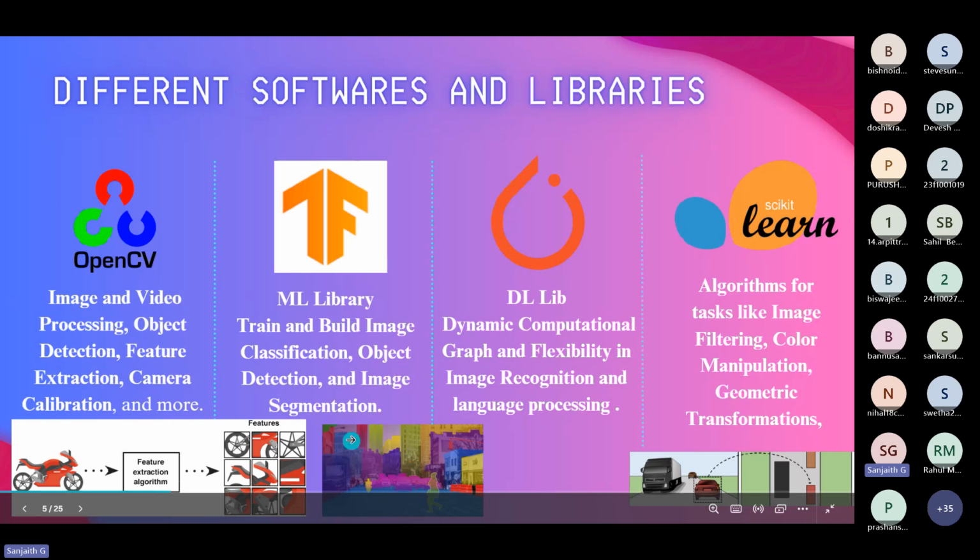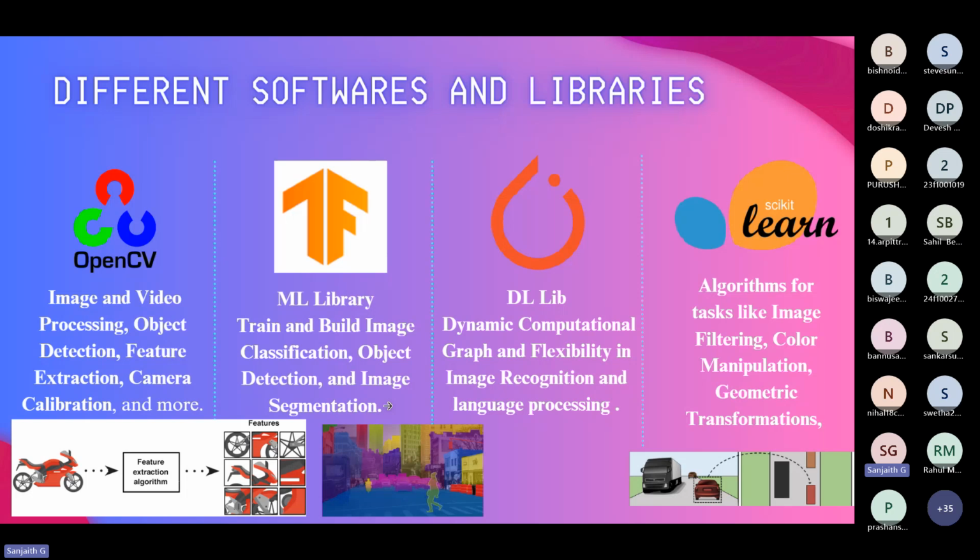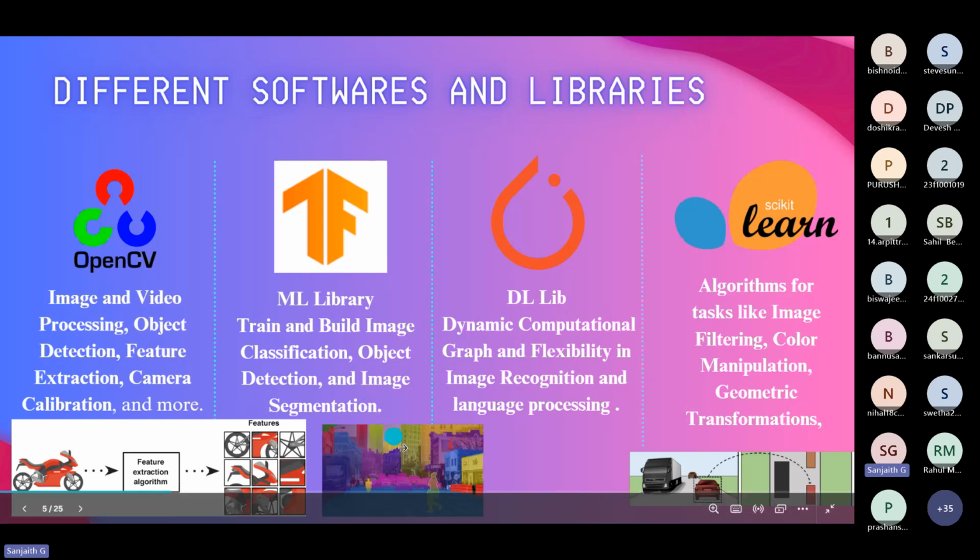In this road environment, you can see a person standing here, a biker, and some cars. So it is able to classify the environment as cars, buildings, people, and bikers. This is nothing but image segmentation. We can do this in TensorFlow.